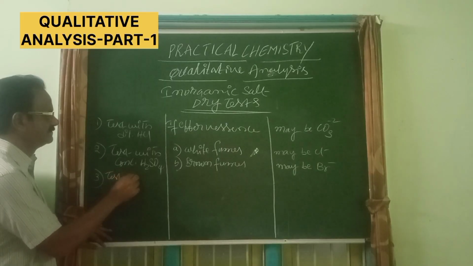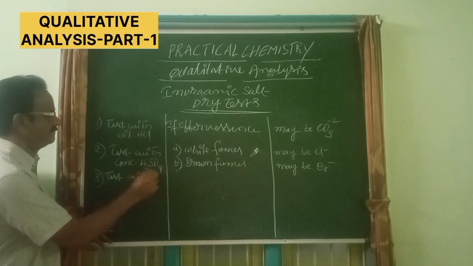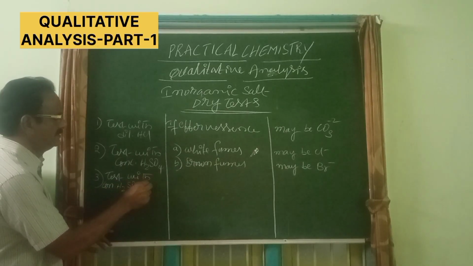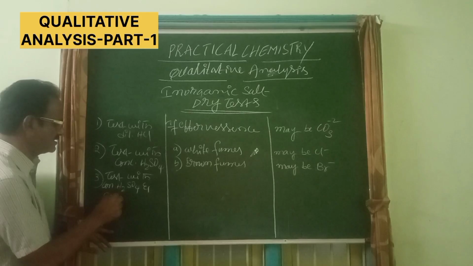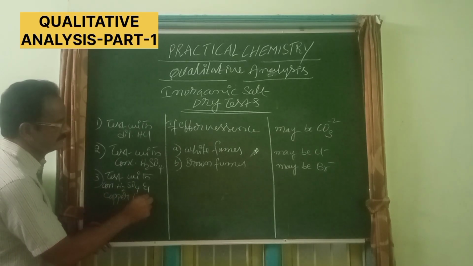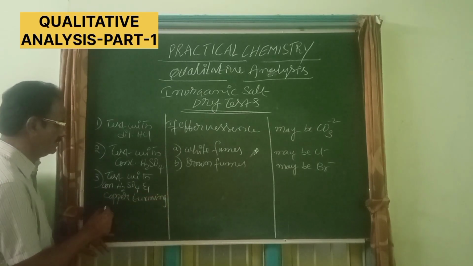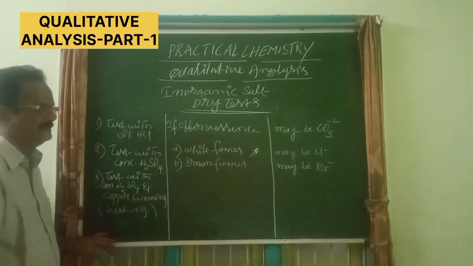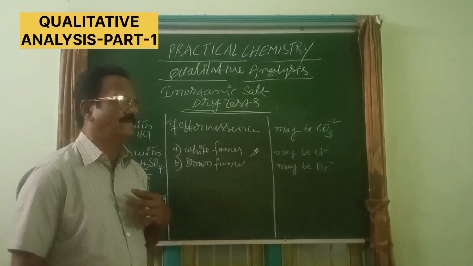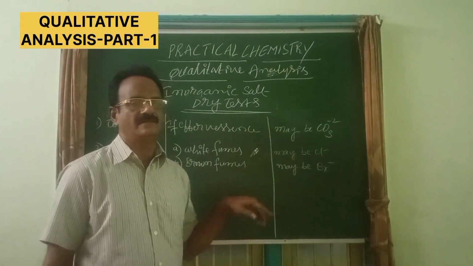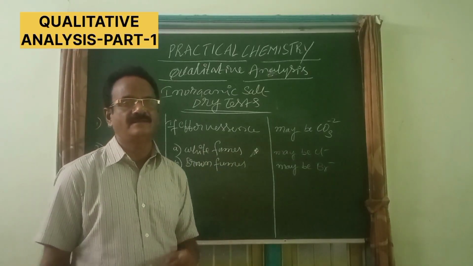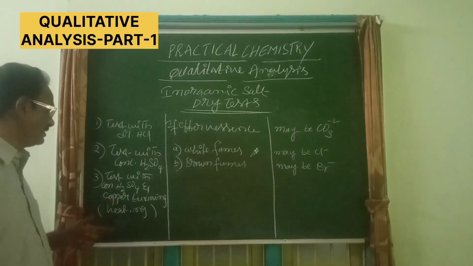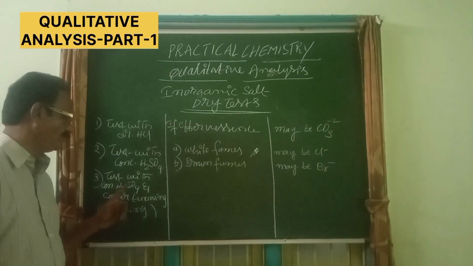Test with concentrated H2SO4 and copper turnings, with heating. Regarding a simple salt, when the two tests have not given positive observations, one has to go to the third test, that is the test with concentrated H2SO4 and copper turnings.